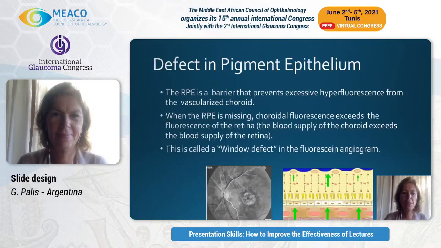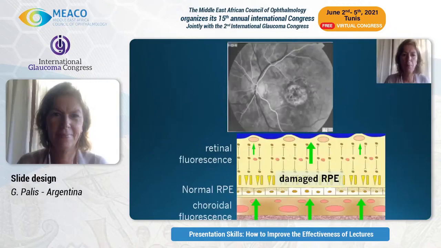The same with this presentation about fluorescein angiography, and I'm showing here the defects in the pigment epithelium, a long list of description there, and a very small image and a graphic. Instead of this, I could show you a bigger image and a bigger graphic and explain with my voice the graphic and the image instead of showing you the written description of it.